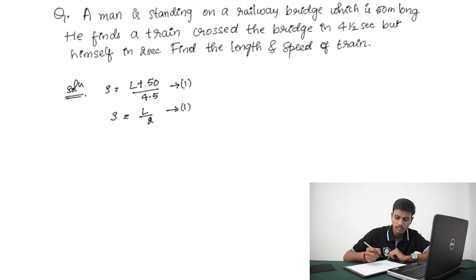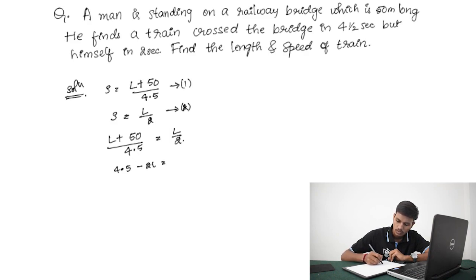That is another case. By equating the first and second equations, we have (length plus 50) divided by 4.5 is equal to length divided by 2. For that we got 4.5 length minus 2 length is equal to 50, and 2.5 length is equal to 100.